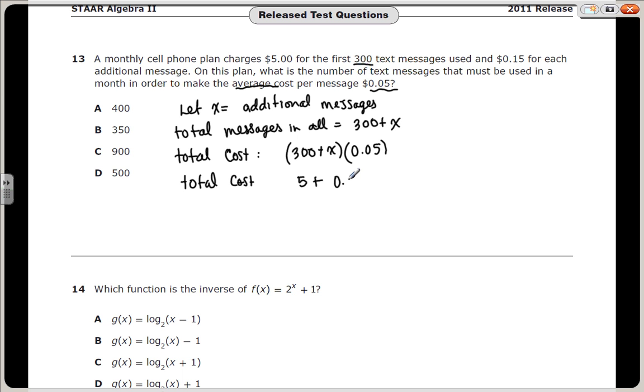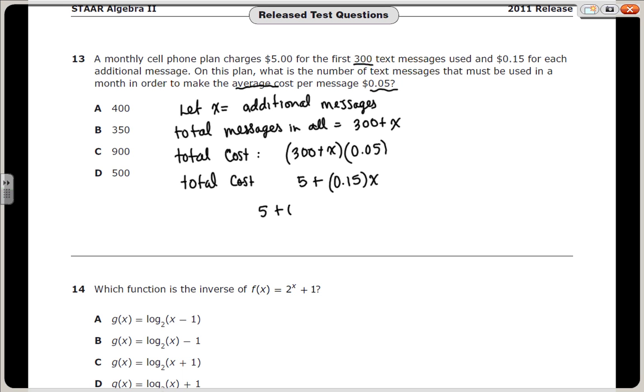So 0.15 times each additional message, and each additional message is X, right? So these two have to be the same in order for your average cost to be 0.05. So all I have to do is set up the equation.